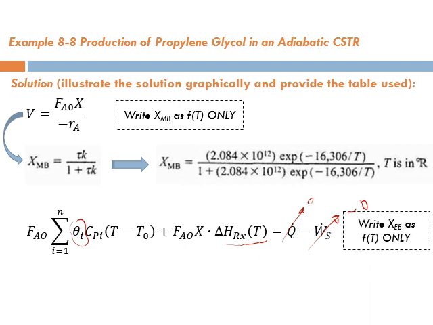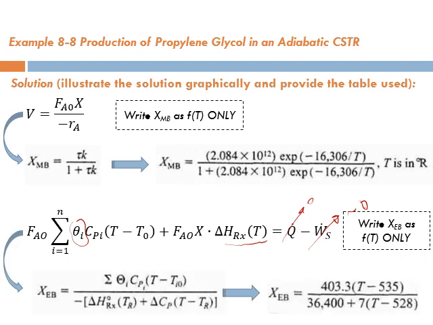So let's write this equation in terms of temperature. Let's solve it explicitly for X, and we call this X_EB. Okay, here we go. And for simplicity, you can call this term Cp naught.